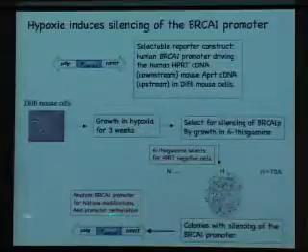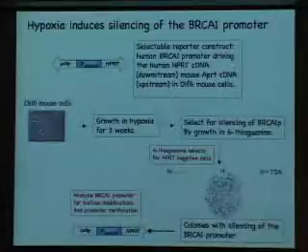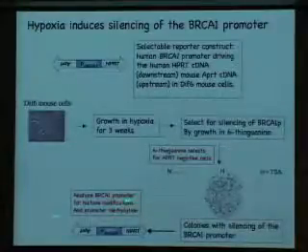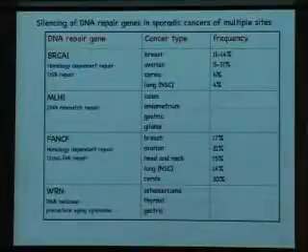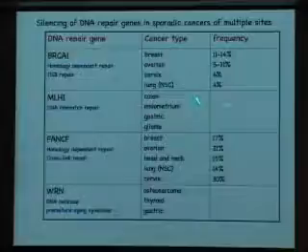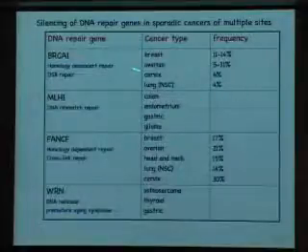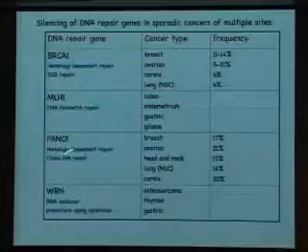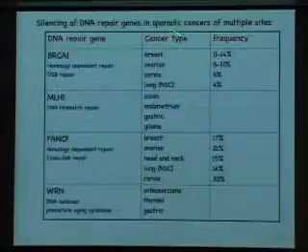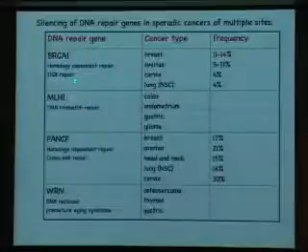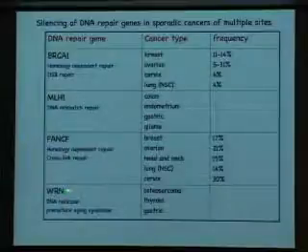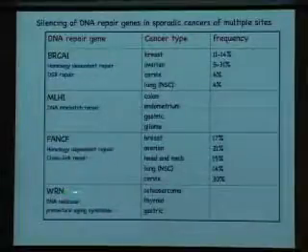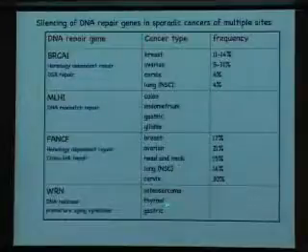And in fact, Yuhan Luo in the lab is analyzing the promoter in this construct to try to see what are the histone modifications caused by hypoxia and linked with silencing. So it turns out, if you look at a lot of sporadic cancers, and I just did a quick literature search before this talk, a number of DNA repair genes are silenced in sporadic cancers of multiple sites: BRCA1, MLH1, the Fanconi anemia protein FANC-F, and also the Werner syndrome helicase, which is associated with premature aging, but also is associated, when it's silenced, with these cancers.